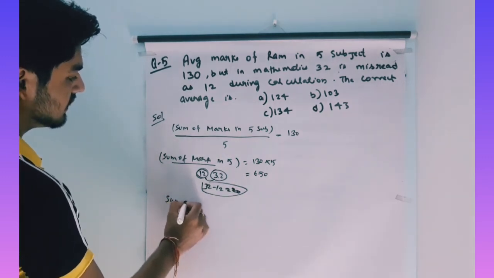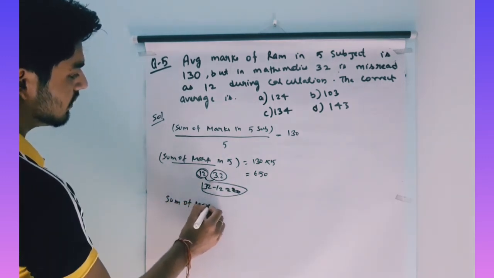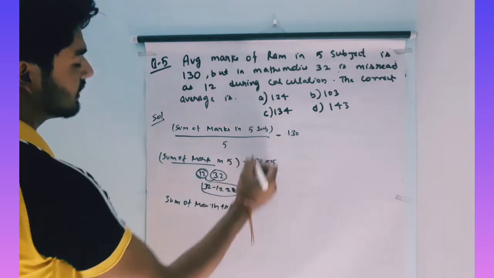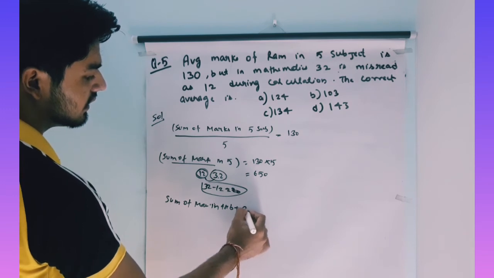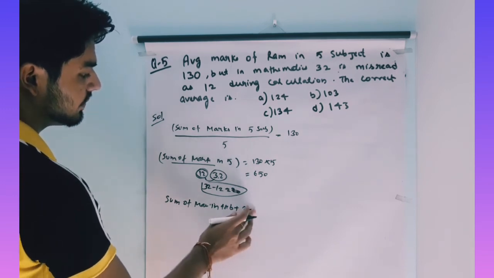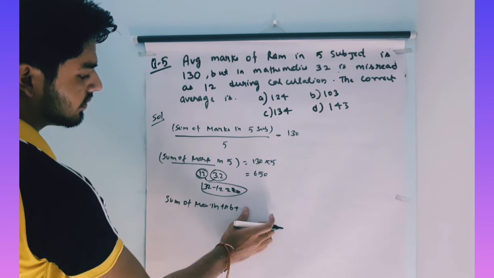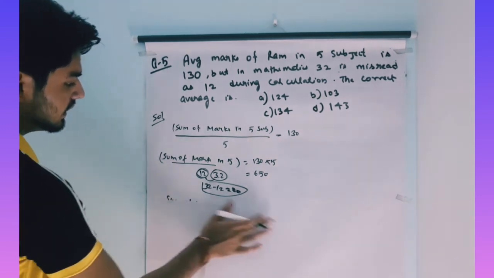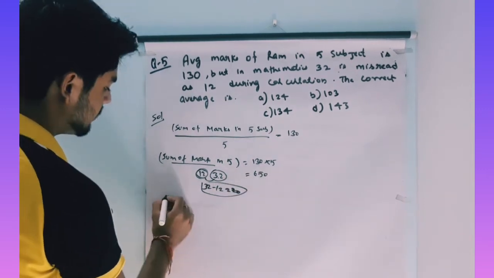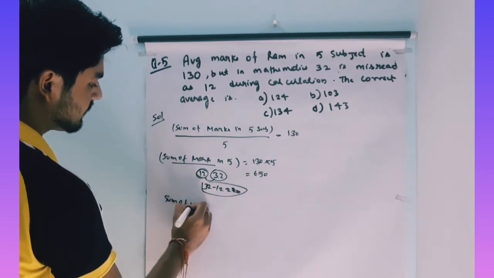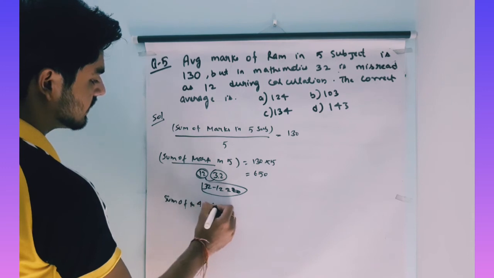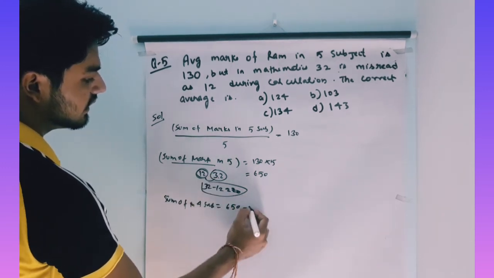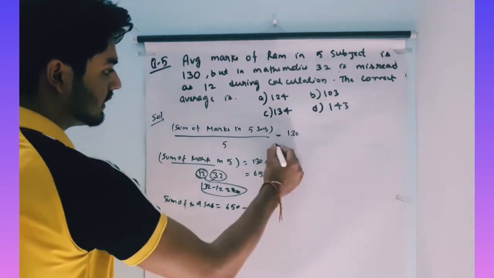So the sum of marks in 4 subjects is equal to 650 minus 12, which we wrote mistakenly, which is 648.